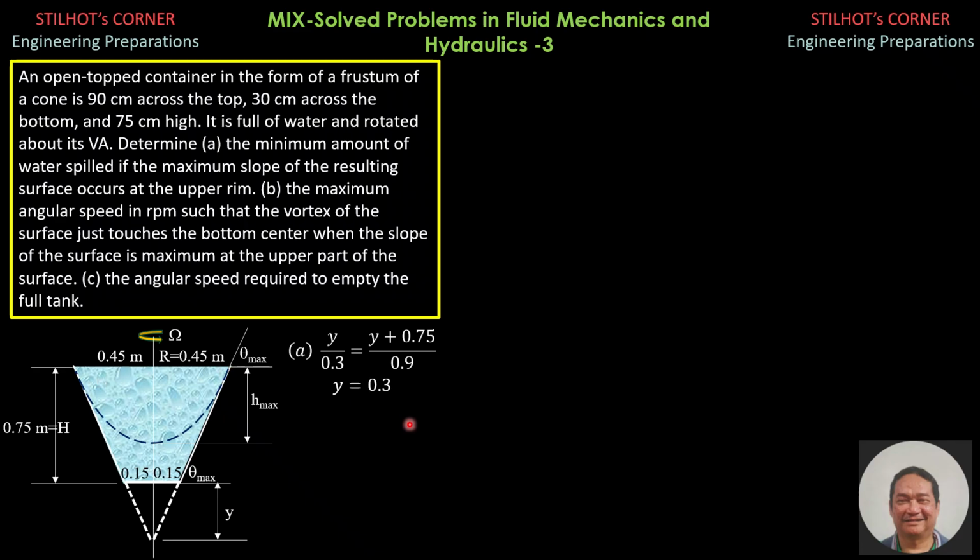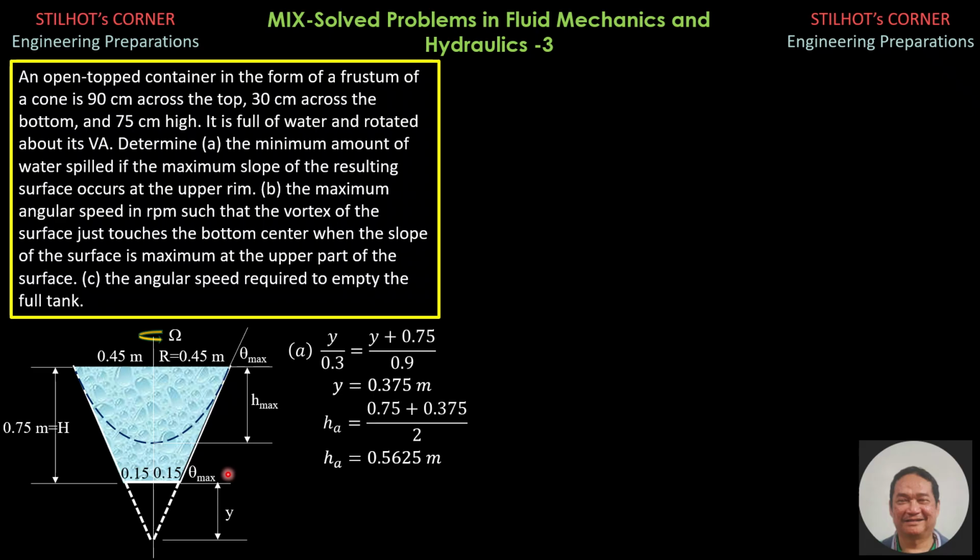Solving for y is 0.375 meter. So as I said, this h max here is 1/2 of the overall height of the cone, 1/2 of (0.75 + 0.375), and that is equal to 0.5625 meter.